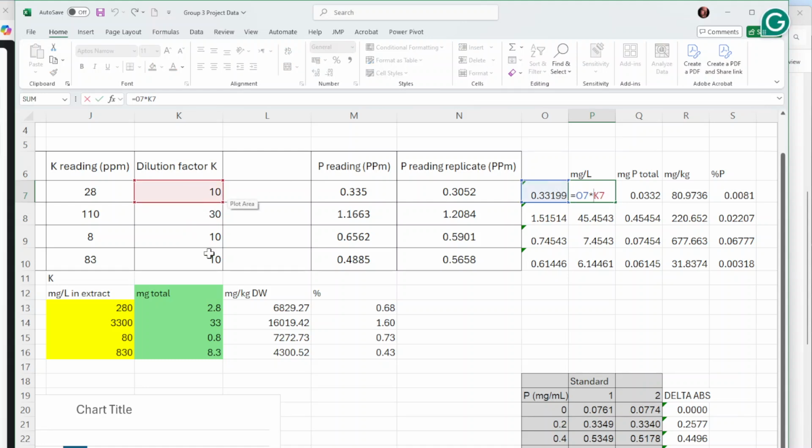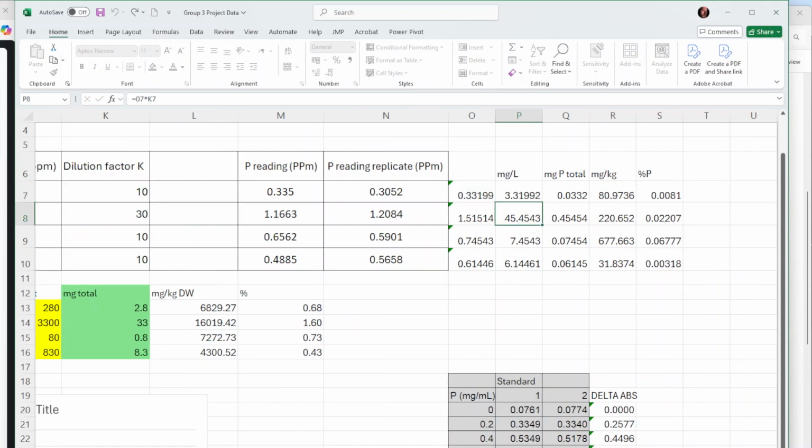You have the dilution factor here. I'm going to do the same thing that I did with potassium. I'm going to multiply it by the dilution factor for the phosphorus, and that will give me this milligrams per liter in my acid.